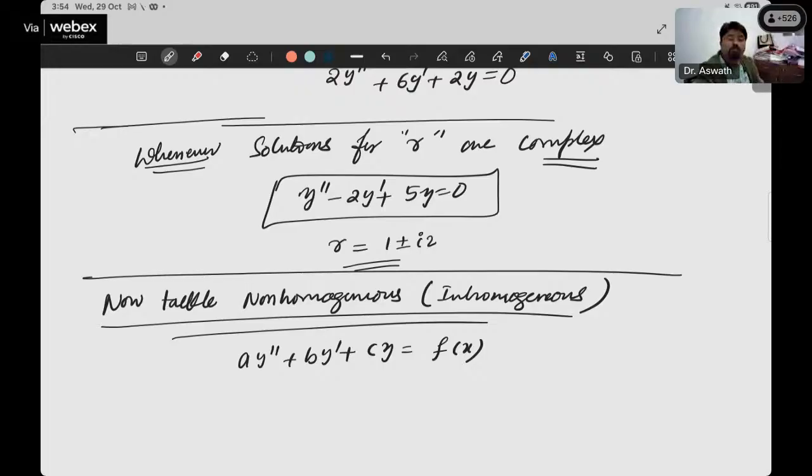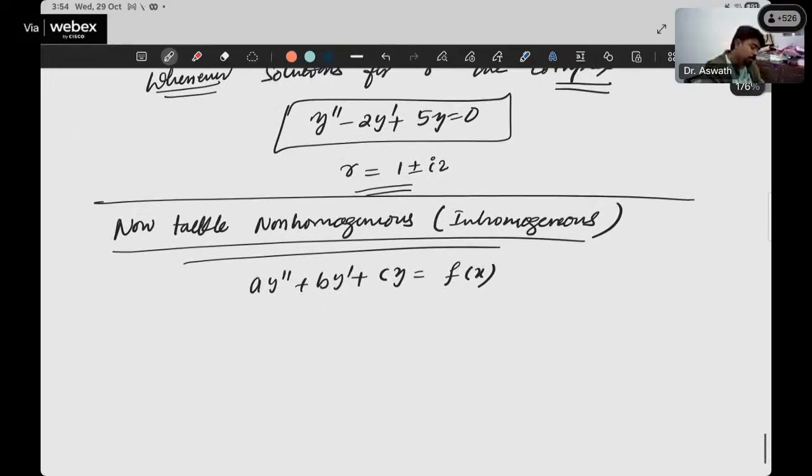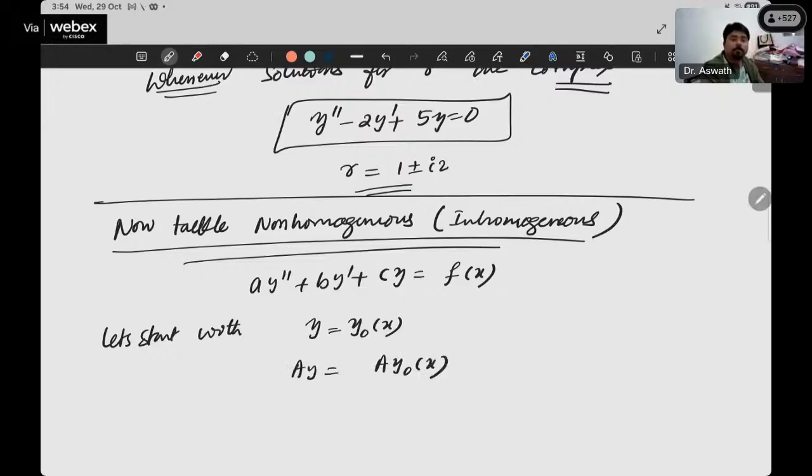Now I want to find a solution for this case. So let's start with some initial solution, which is something like y naught of x. Now if I multiply some constant a to that, I'll get a y naught of x.